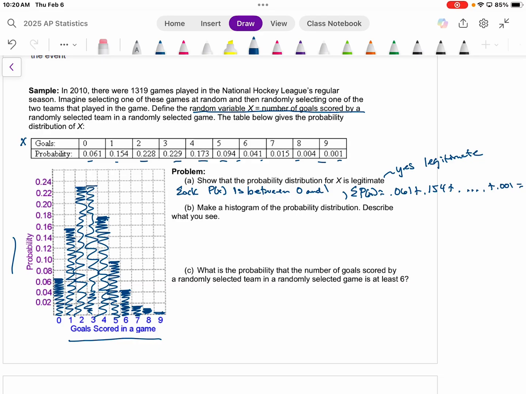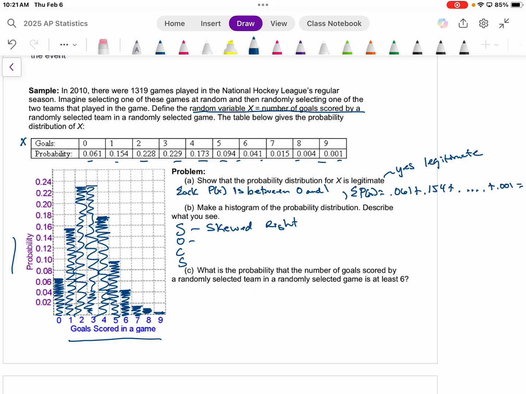All right. So remember, typically when we're describing what we're seeing, we're always referring back to the socks from earlier on. So when I look at shape, outliers, center, spread, as we look at shape, it looks like it's skewed right. Outliers.